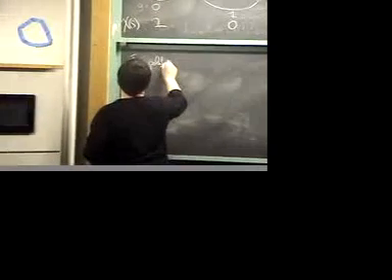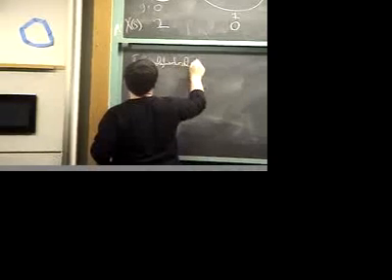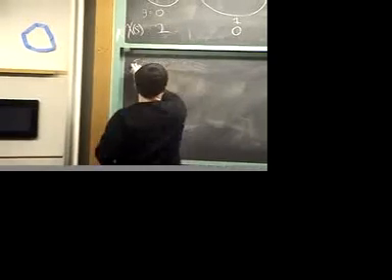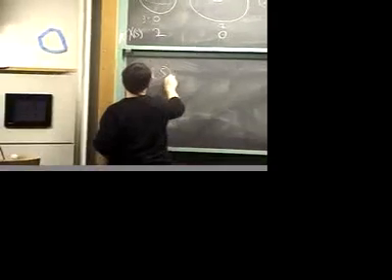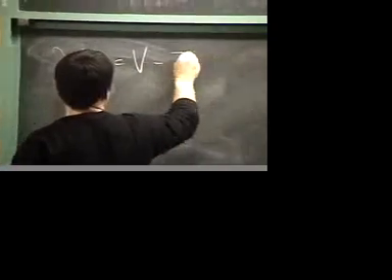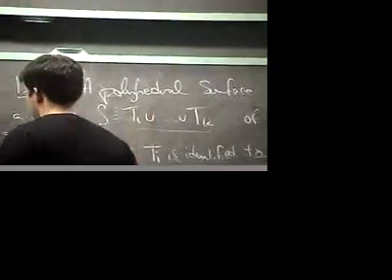So chi of S, the polyhedral surface, is equal to vertices minus edges plus, we'll just call it T for the number of triangles in this space, K, in the surface.